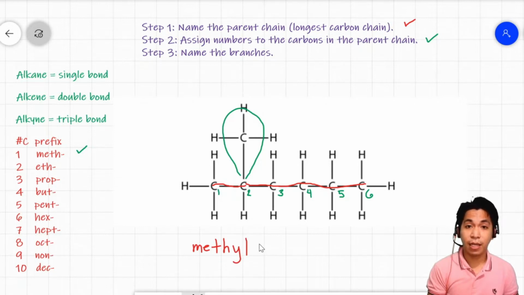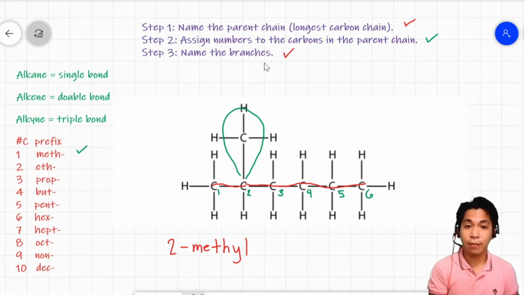And then step number 3 is to tell which carbon atom the branch is attached to. Our branch here is attached to carbon number 2 of the parent chain. Just write the number 2 here and separate the number and the letter with a dash. So that is step number 3.